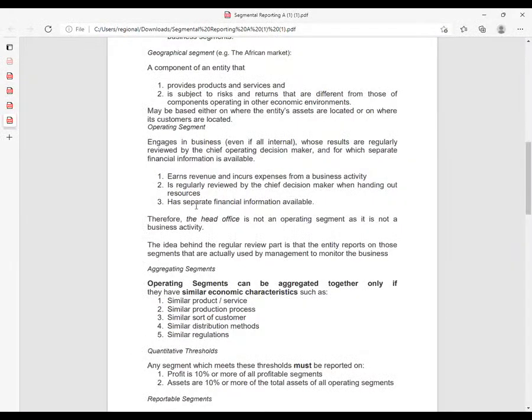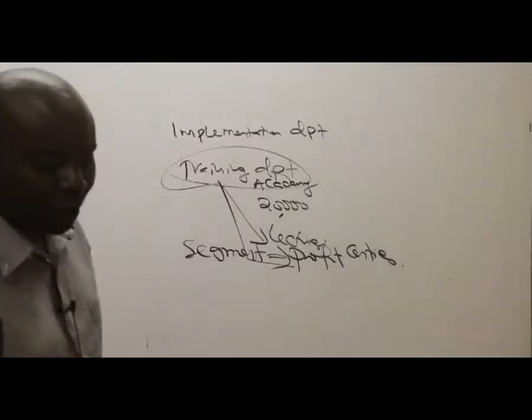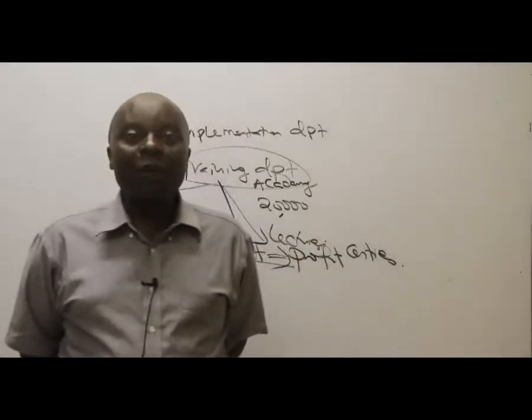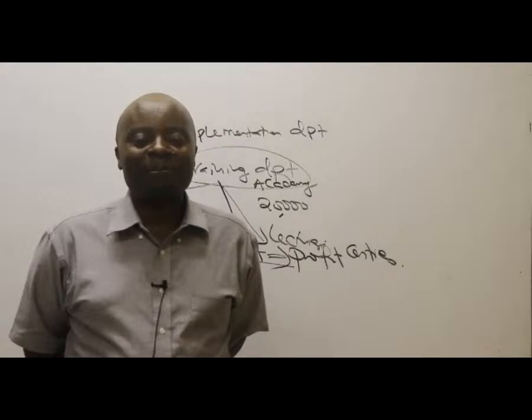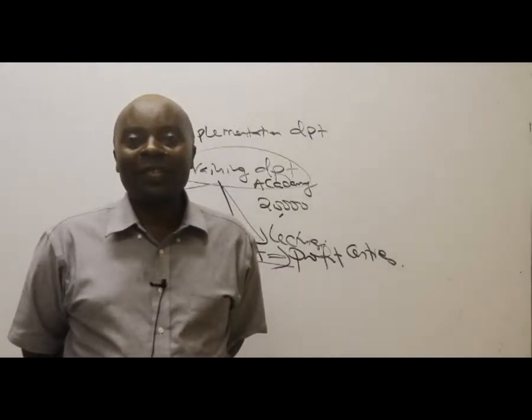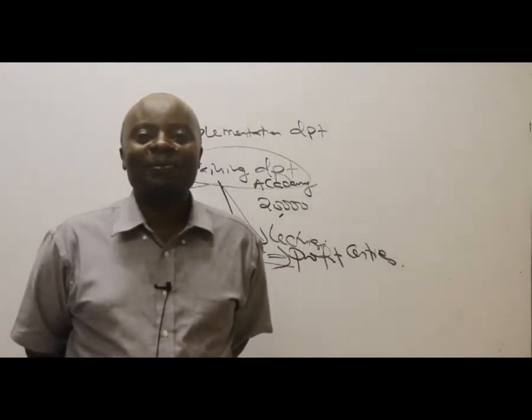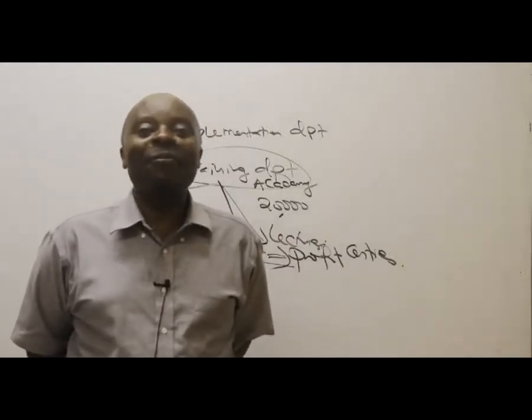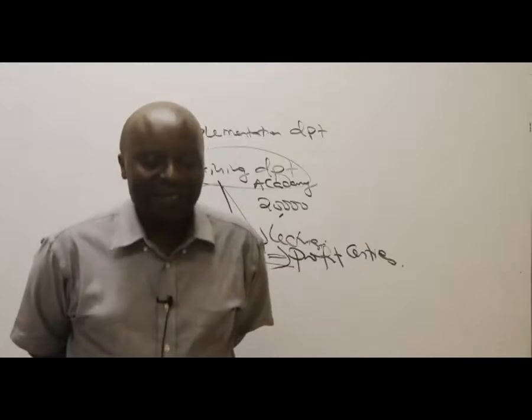Now, therefore, the head office cannot be an operating segment. Can somebody tell me why? Why can't we have the head office, the headquarters of an organization, being an operating segment? Somebody talk to me.